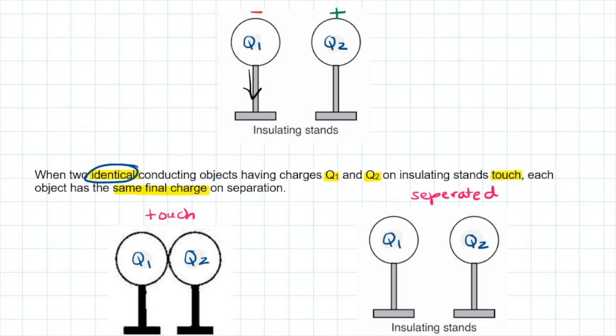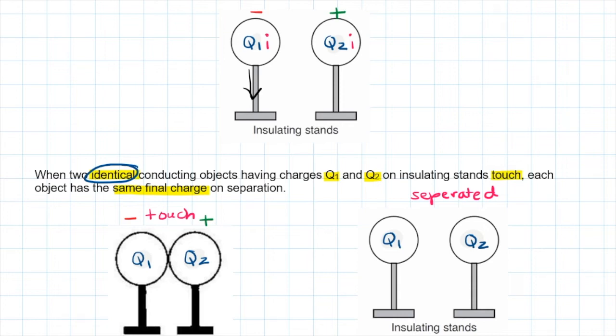What we're saying is, in the beginning, the charge that we have on Q1 is its initial charge. The charge that we have on Q2 is its initial charge. When they touch, since Q2 is positively charged while Q1 is negatively charged, there's going to be a transfer of electrons.